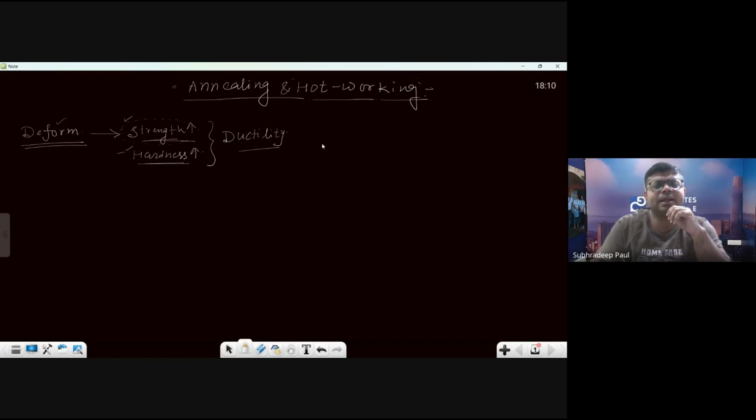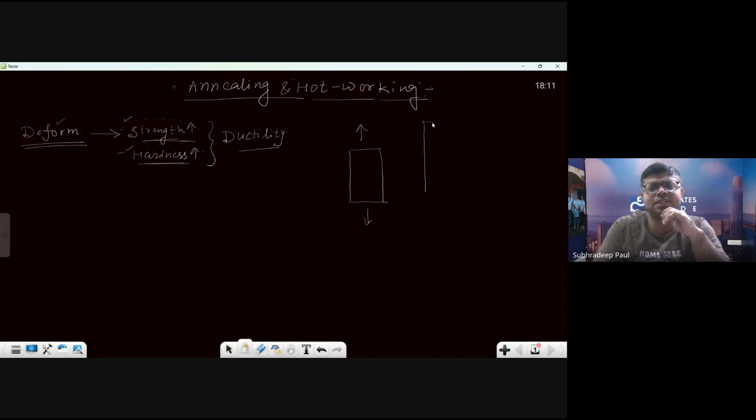Ductility means how much elongation the material can undergo. Practically, say I have taken a specimen. If this specimen is ductile, I can load it and deform it substantially.